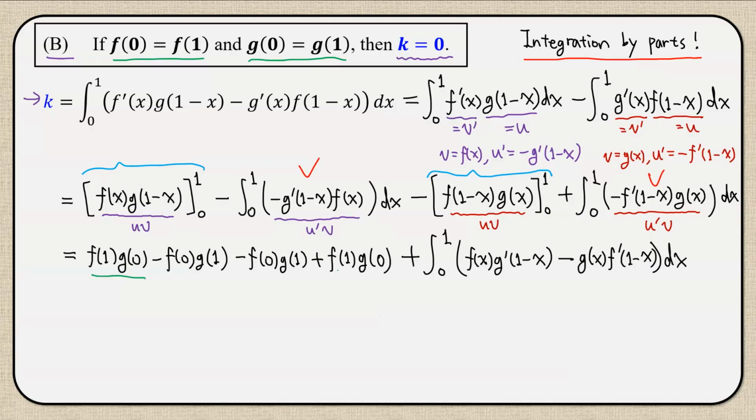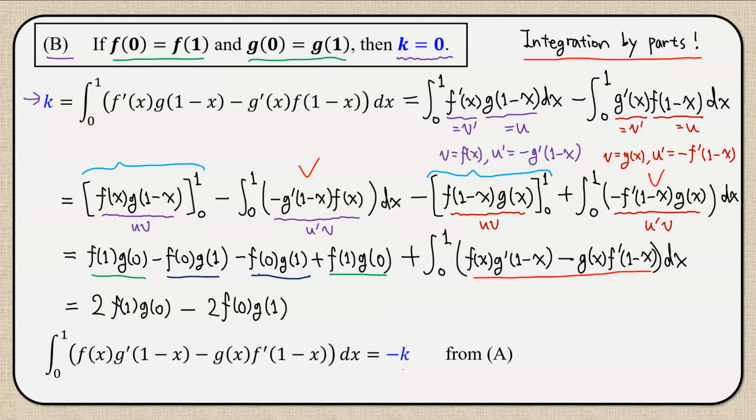Notice that this and this are the same, so we have 2f(1)g(0), and this and this are the same, so we have minus 2f(0)g(1). And as for this part, do you remember where you've seen this expression? Well, it is the very integral which gave us the value of minus k from statement A. So we have minus k here.